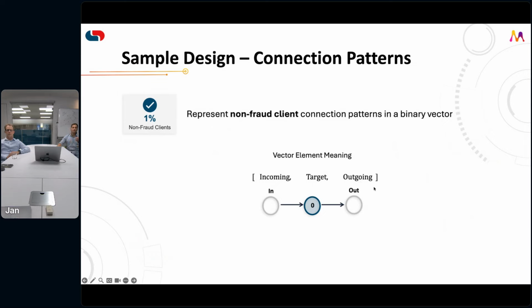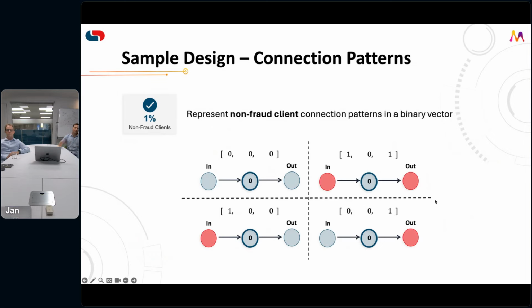Now, an example of this is we took that binary vector and created these kinds of patterns that we would like to look at. So, 4 out of the 8, firstly starting here is your in connection node. So if it's, say, non-fraud connected, then it is a 0. The second element is always a 0 because it's your target non-fraud client.